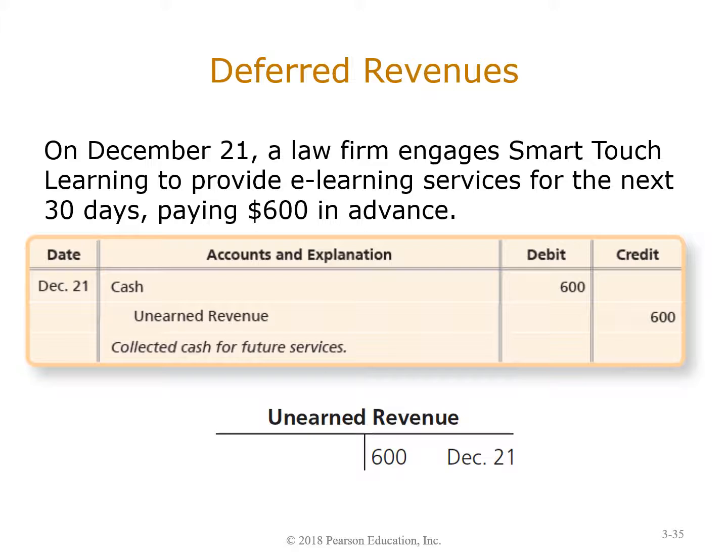On December 21st, the law firm engages Smart Touch Learning to provide e-learning services for the next 30 days, paying $600 in advance. We got the cash, so we can debit cash for $600, but we can't call it revenue yet because we haven't done the work. So we put it into this liability account called unearned revenue.